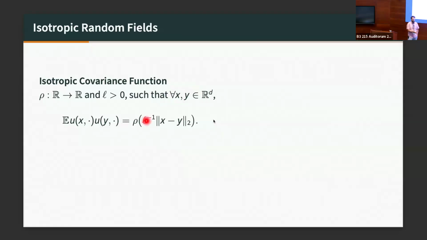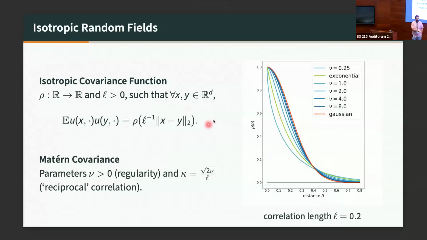This function rho, I will come to in a minute, will have some smoothness properties. There's also a length scale parameter L, which scales at what distance these points correlate. Basically, it means that the covariance matrix or operator is essentially given at 2 points x and y as this function of this distance.